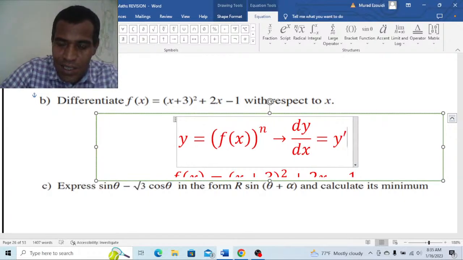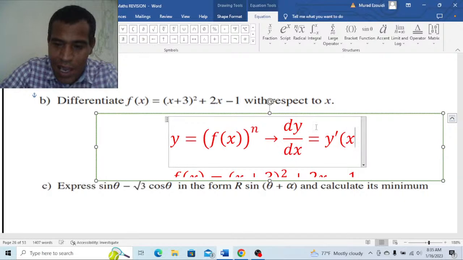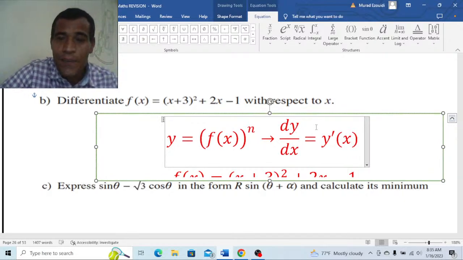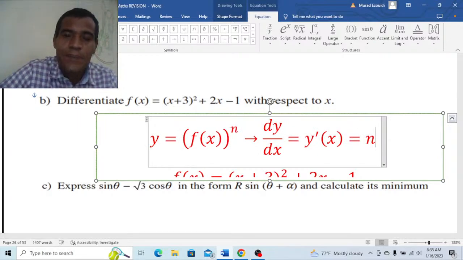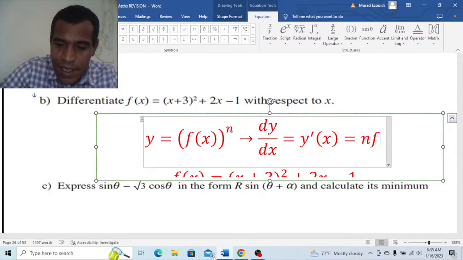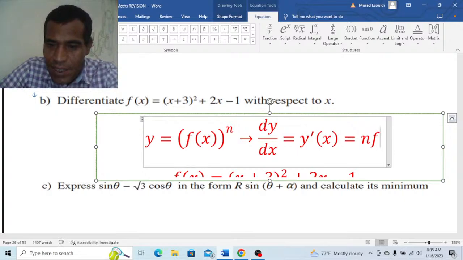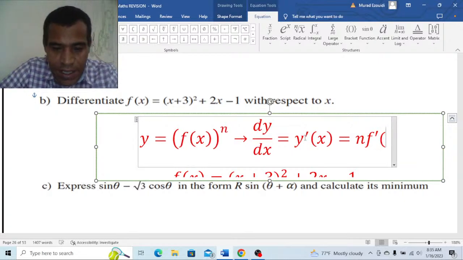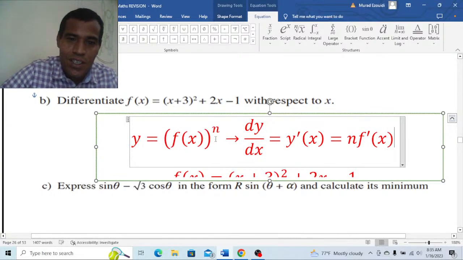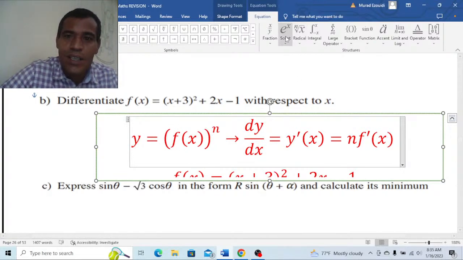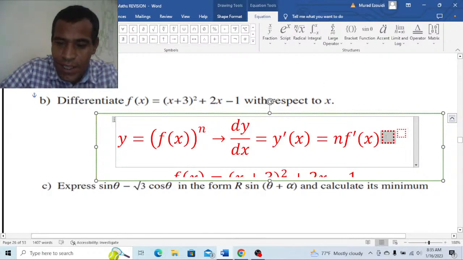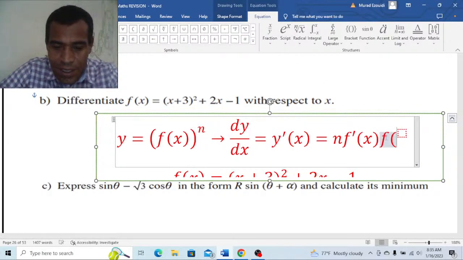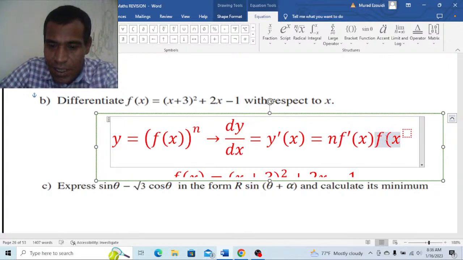Y dash, between parentheses of the variable x that I'm going to differentiate, will be equal to f dash of x multiplied by the function raised to the power n minus 1.